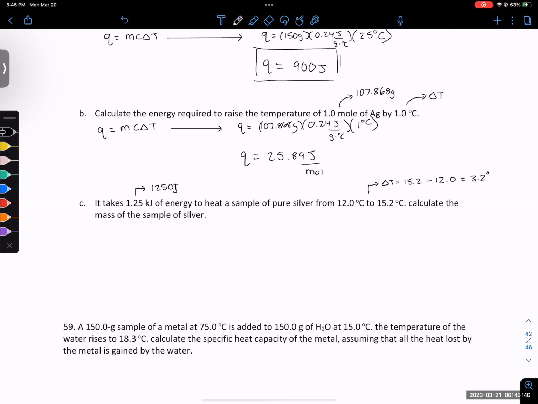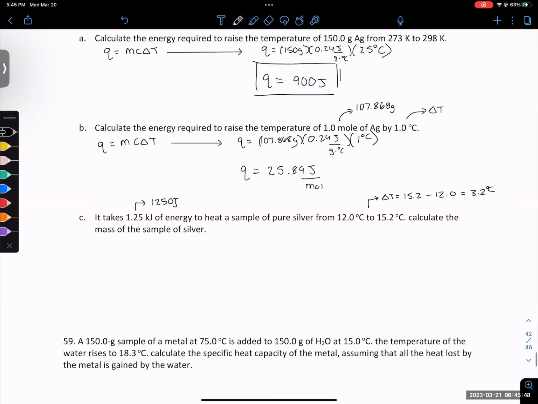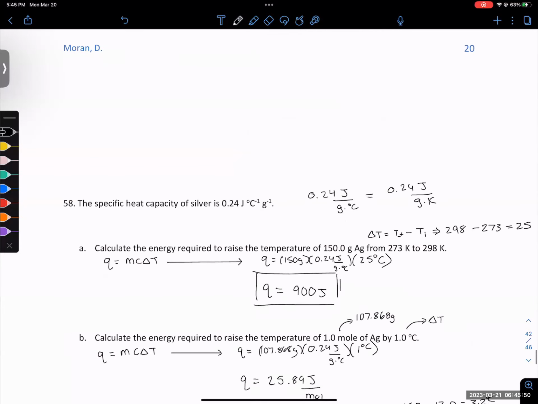So do we not have to convert to Kelvin? No, because a change of 1 degree Celsius is equal to a change of 1 degree Kelvin. So going from 0 degrees Celsius to 1 degree Celsius is the same thing as going from 273 Kelvin to 274 Kelvin.